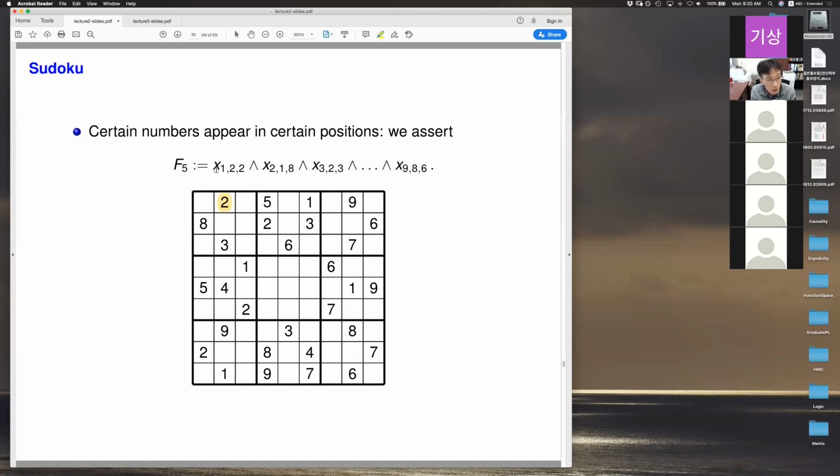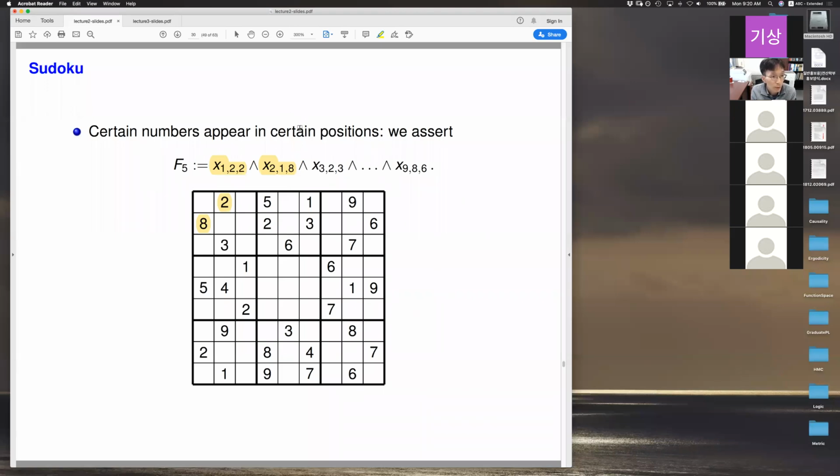In this case, because entry 1, 2 contains number 2, we say X 1, 2, 2 should be true. Similarly, because the second row and the first column contain number 8, we say x2, 1, 8 has to be true as well, because x2, 1, 8 exactly expresses that the 2, 1 entry contains number 8. So that's a description of the initial configuration.